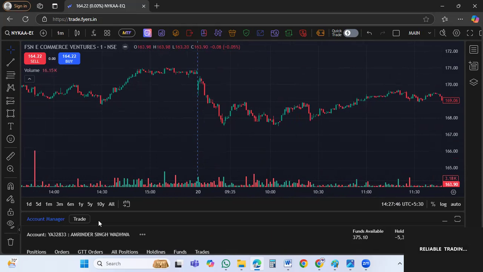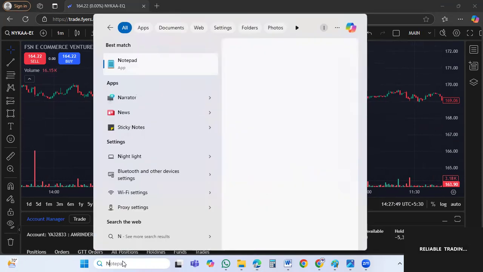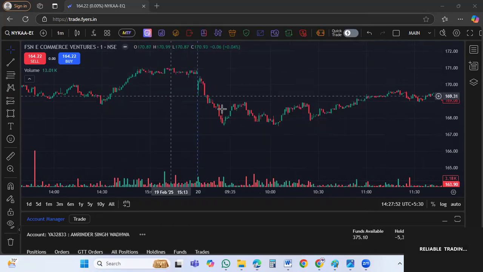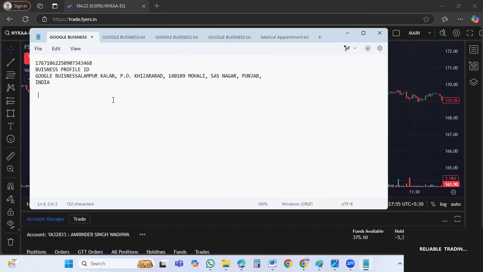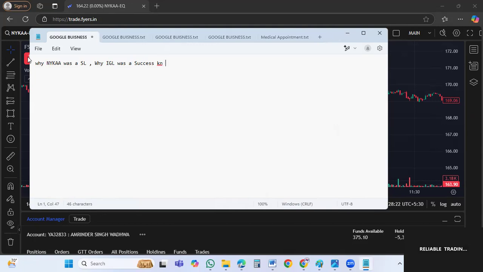I'm repeating it. I'll write it down for you so that you better understand. So I am going here and typing in: why Nykaa was a SL, comma, why IGL was a success on 20th Feb.